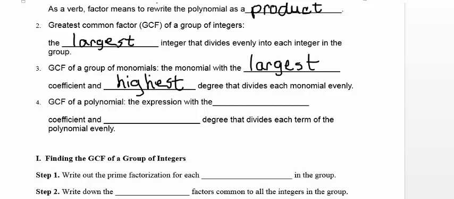So when we're finding the GCF of a group of monomials, we want that monomial to have the largest coefficient and the highest degree that divides each monomial evenly.